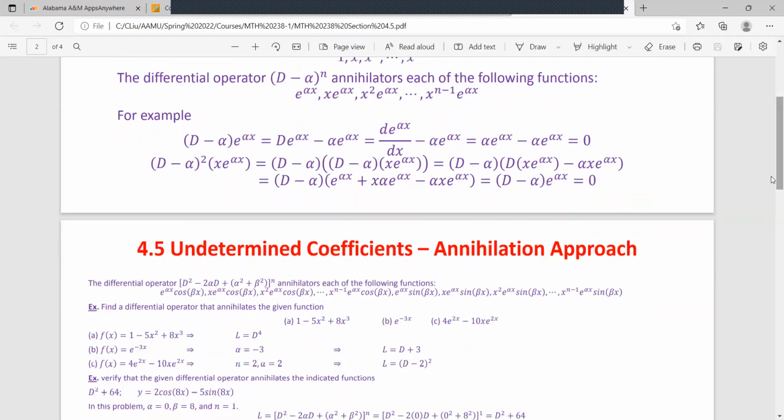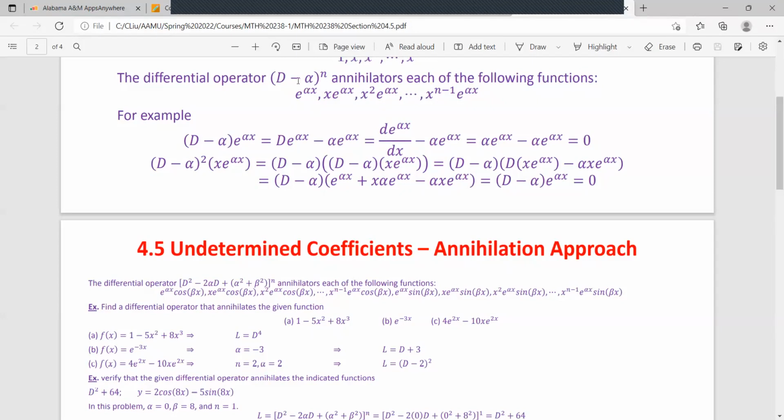In question B, we have an exponential function e to the negative 3x. So if you compare the operator d minus alpha to the n, and you let n equal 1, then that will annihilate e to the alpha x. So we can let alpha equal negative 3.